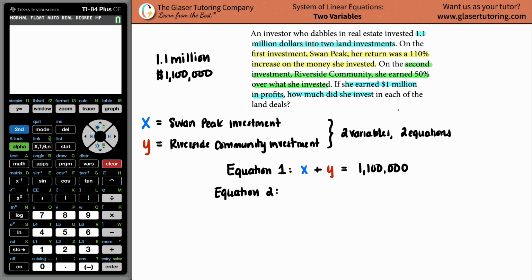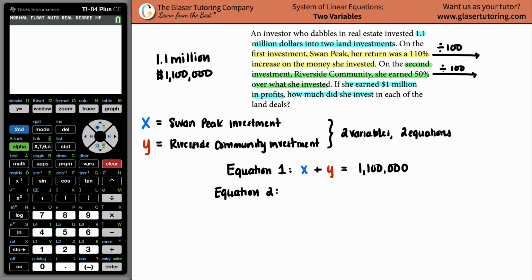But anyway, just know that when we're dealing with equations, we don't like to use the percentages. We like to use decimals and fractions. So we're going to convert these percentages into decimals by dividing by 100. We're going to do that for the 110%, and we're going to do that for the 50%.